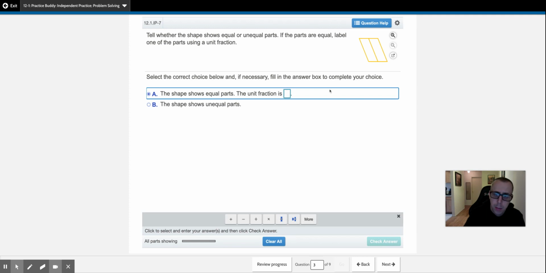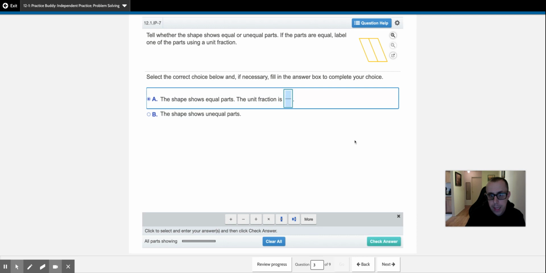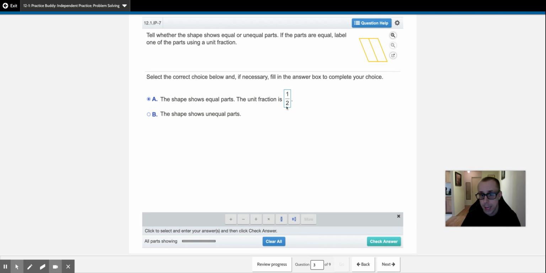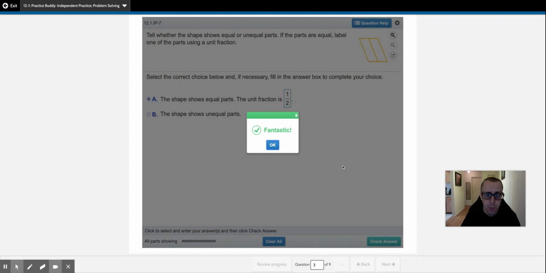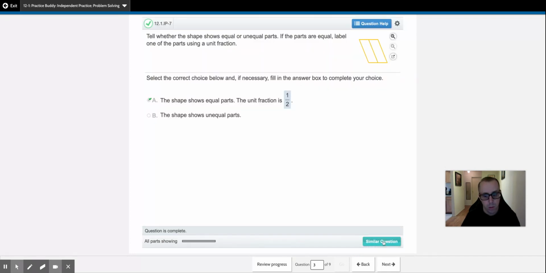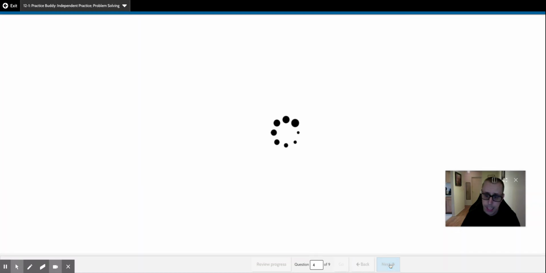And I'm going to click in the box, select my fraction button, and one of these parts would be 1 as the numerator, 2 as the denominator. So 1 out of 2 is 1/2. So one of these parts, this is 1/2, and this is 1/2. Check my answer again, and I did a fantastic job. Let's move on again. Feel free, try a similar one if you'd like.